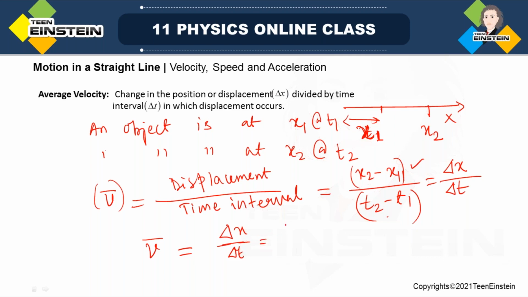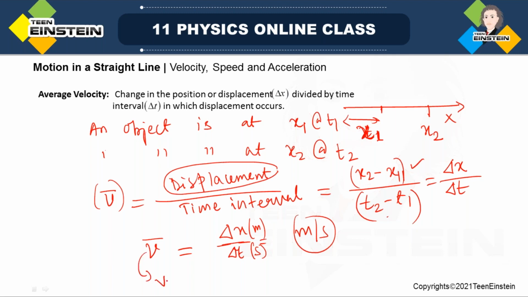This has the unit meter per second. As the displacement is a vector quantity, the average velocity is also a vector quantity. I hope it is not an issue to understand.